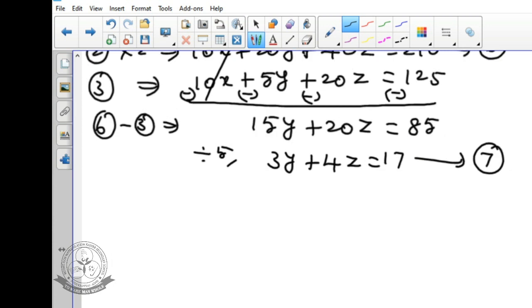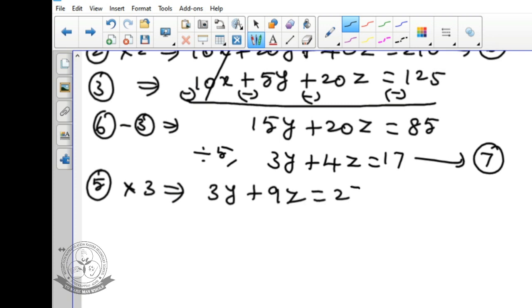Okay, next one. Now we can solve equation 5 by multiplying by 3. Equation 5 becomes 3y plus 9z equal to 27. Equation 7 is 3y plus 4z equal to 17.